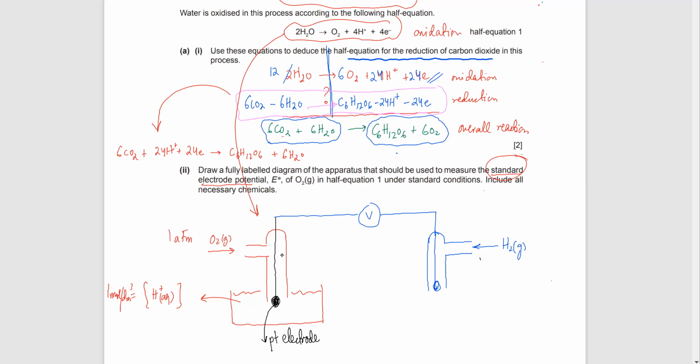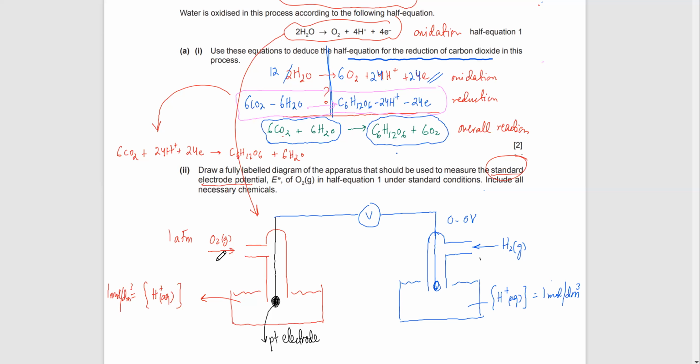So it's your standard hydrogen electrode, which has H plus 1 aqueous in the solution. And the concentration is going to be 1 mole per decimeter cube. And this is taken as your 0 volts.